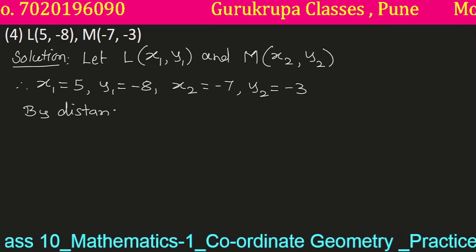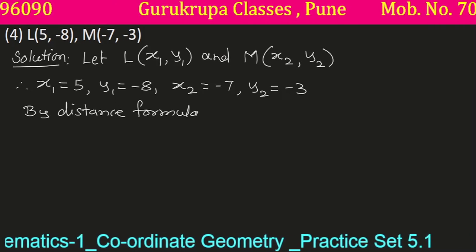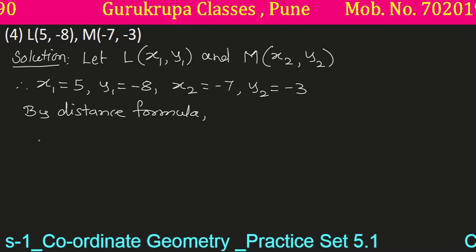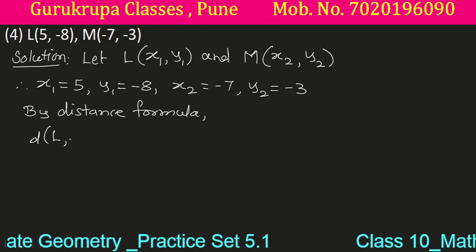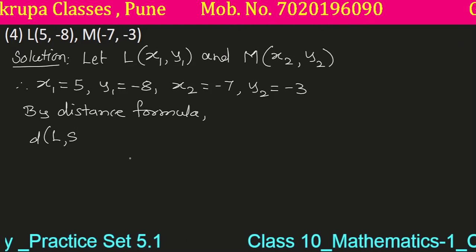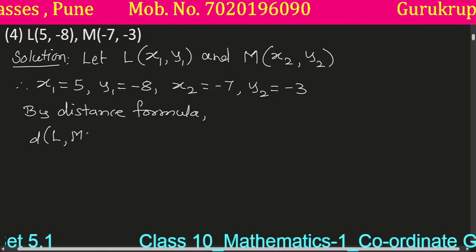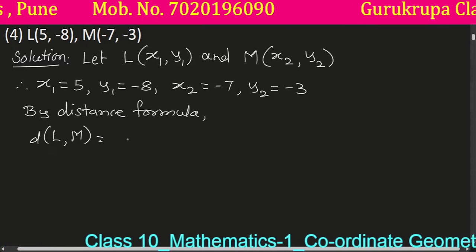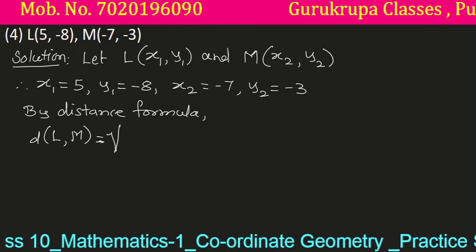So by distance formula, the distance between point L and point M, not S, as S was the point in the previous sum, we can write down.